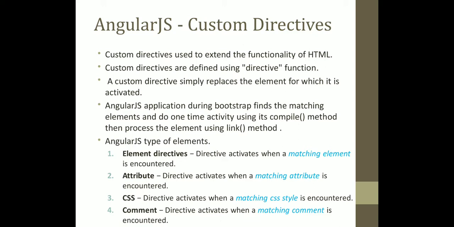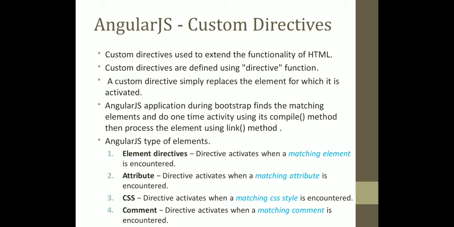First is element directive. The directive activates when a matching element is encountered. Second is attribute. Directives activate when a matching attribute is encountered. To keep in mind, element directives will activate when a matching element is encountered, and attribute directives will get activated after a matching attribute is encountered.